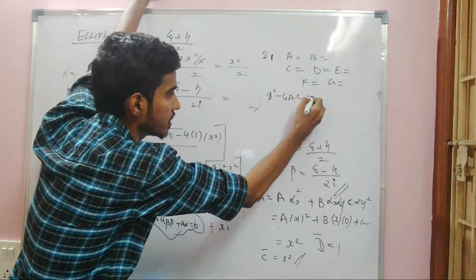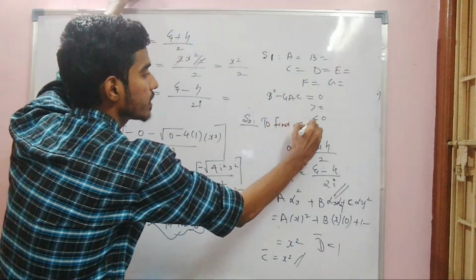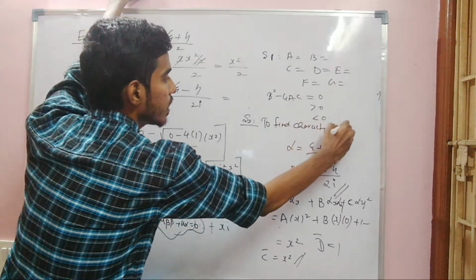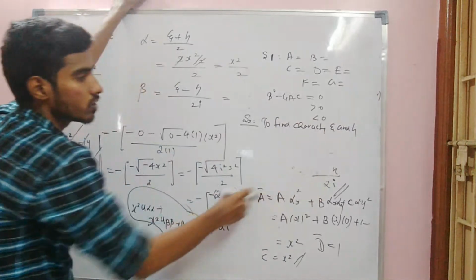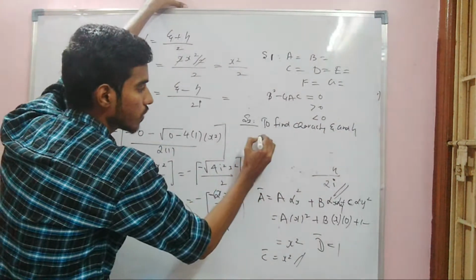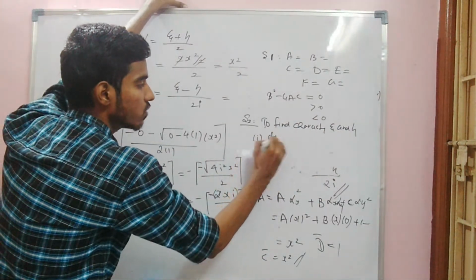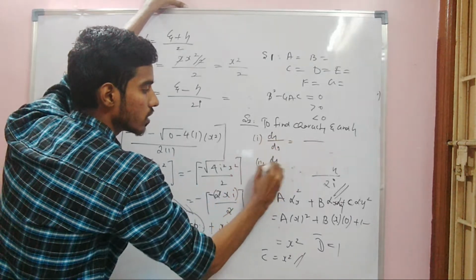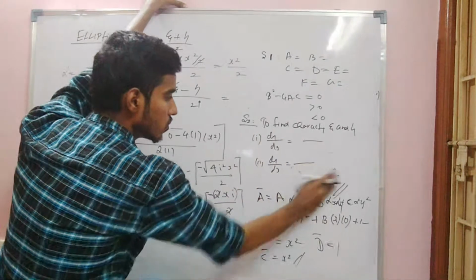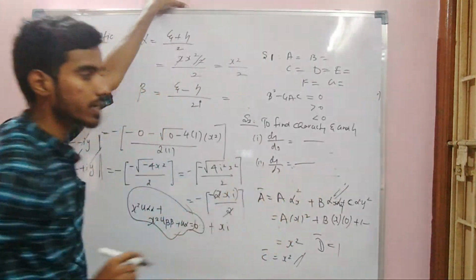So you just check it, and then find the characteristics theta and eta. In order to find theta and eta, if it is hyperbolic, you find 1: dy by dx is equal to the first formula, and you find theta from here. 2: dy by dx is equal to the second formula, and you find eta here.